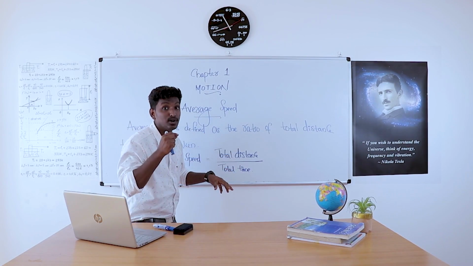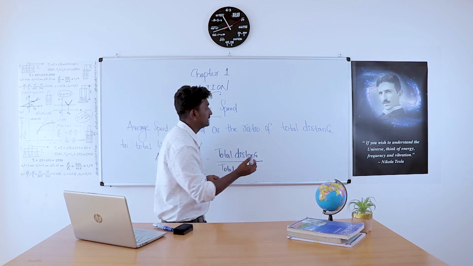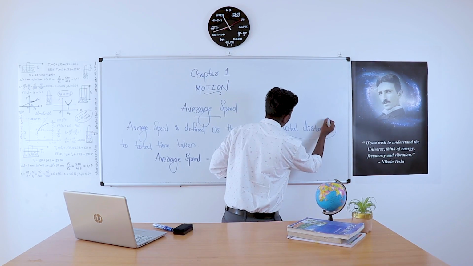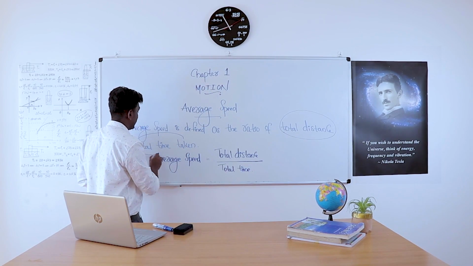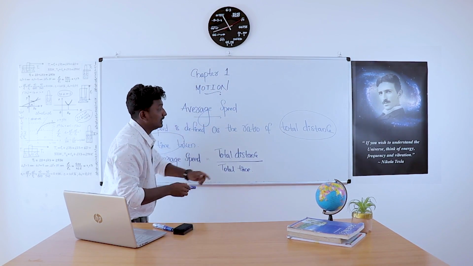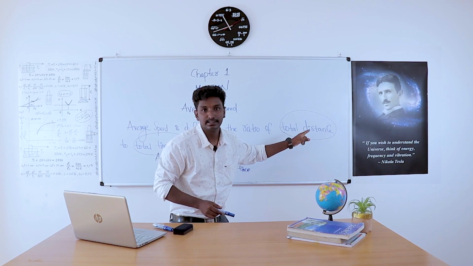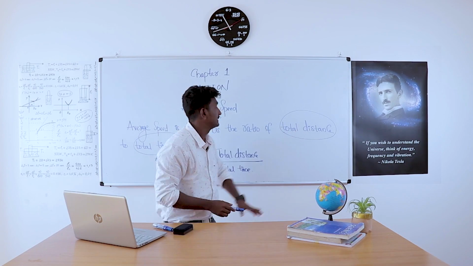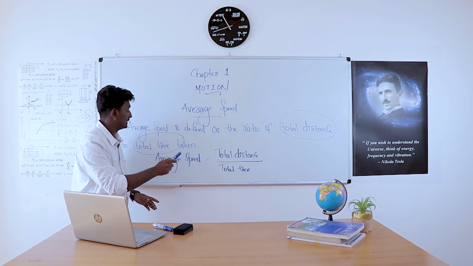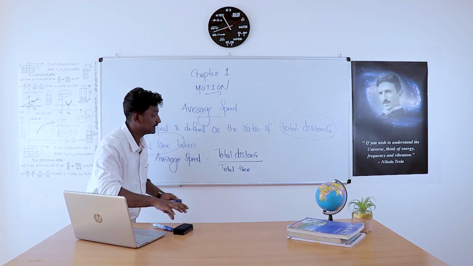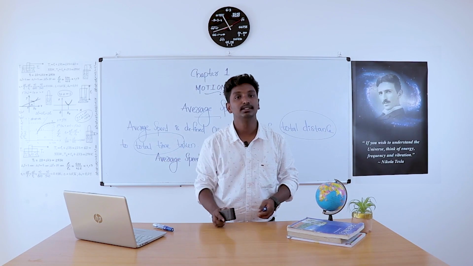Average speed is the ratio of total distance to total time taken. Just note the point, here we are considering distance. Just save it in your mind. That means average speed is equal to total distance divided by total time.